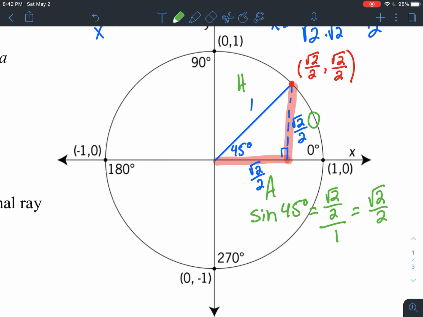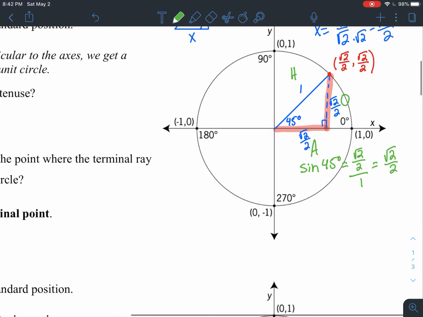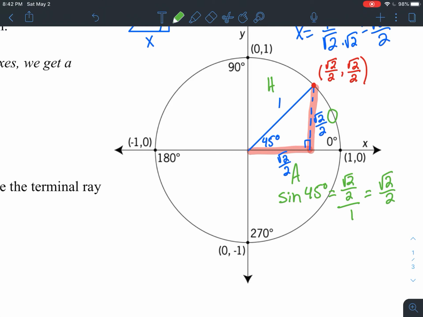It'll be a little bit more clear when we have one with our 30 degrees or my 60 degrees that have 2 different values, because here both my x and my y are the exact same value. This is basically going to be a shortcut for us to know what sine and cosine are, and eventually the other 4 trig functions with tangent, cosecant, secant, and cotangent. But that's for a 45-degree angle. Square root of 2 over 2, comma, square root of 2 over 2 is that terminal point.